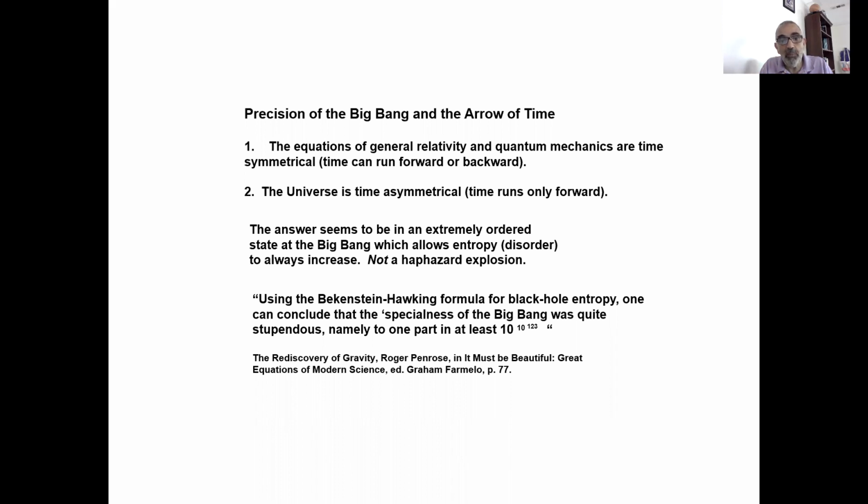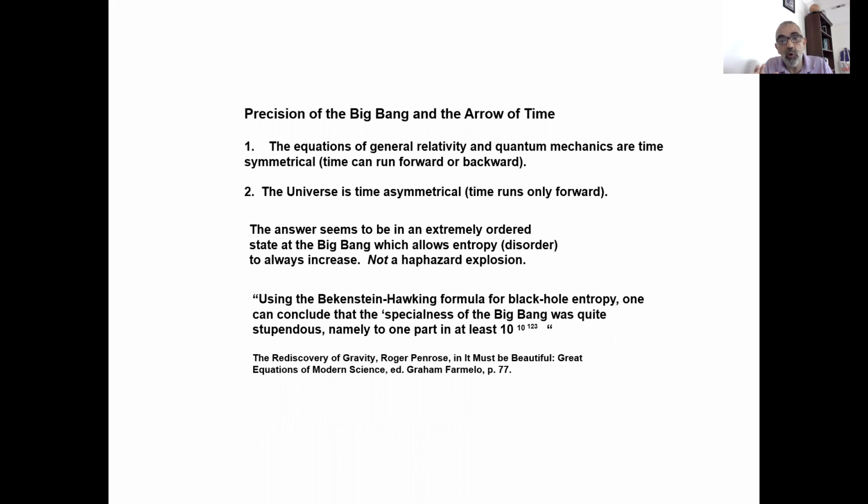Why is that? Well, because as physicists say, the equations of physics are all time symmetric. Time can run forward in the differential equations that make predictions, but if you put in negative t, you can also run time backwards. So the laws of physics seem to be symmetrical in time, but the universe is asymmetrical in time.